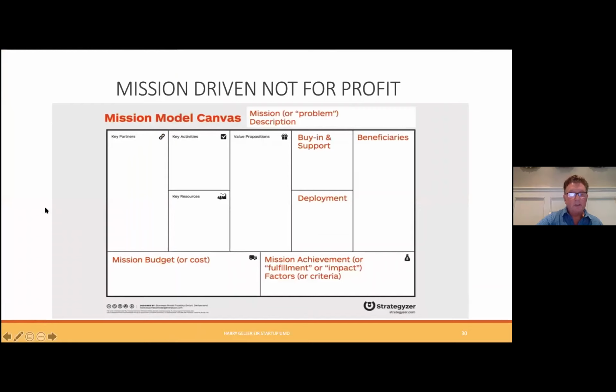Not all businesses are for profit. So there's been a development called the Mission Model Canvas. If you are a government organization, or if you have a nonprofit, we have changed some of the categories around. So it's still relevant to use this if you are starting a nonprofit type business.